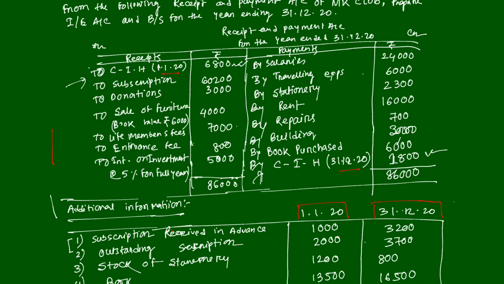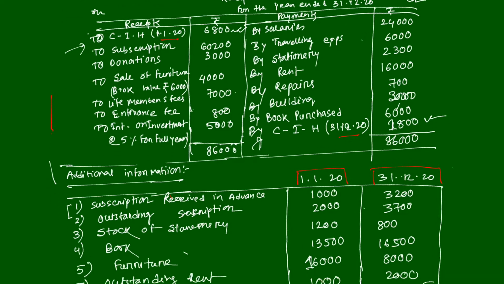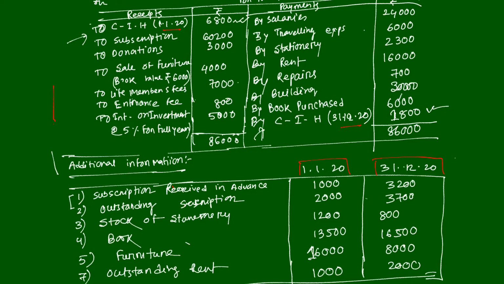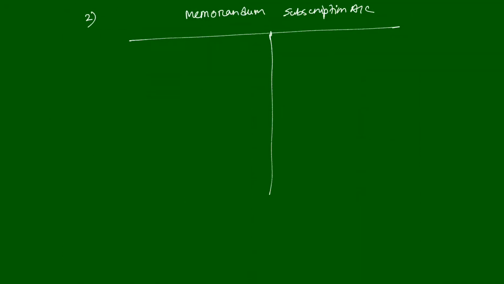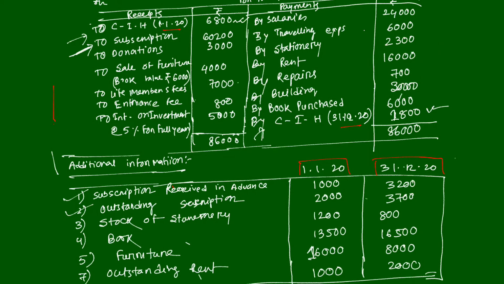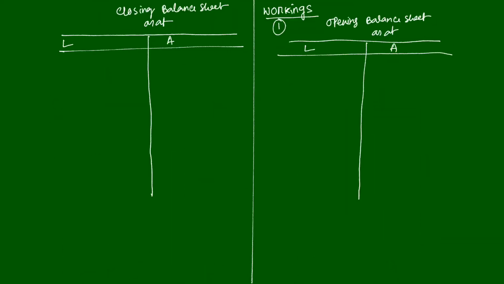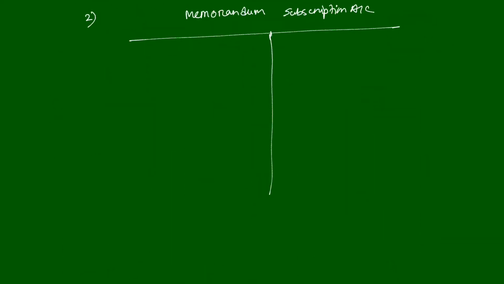If you see, subscription is there, and subscription received in advance is there. So for that subscription, we first open the memorandum subscription account. The outstanding subscription, 2000 and 3700, starts from the debit side.